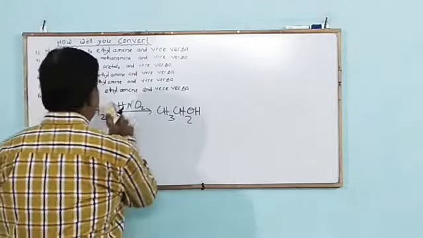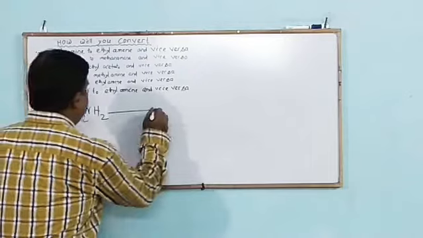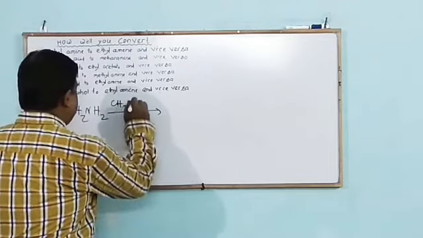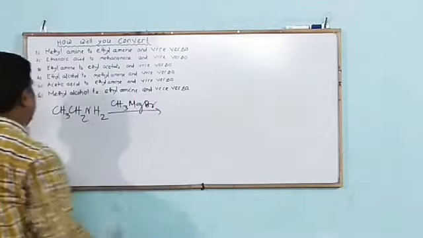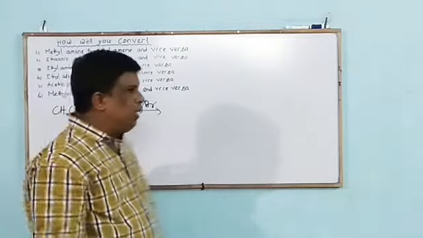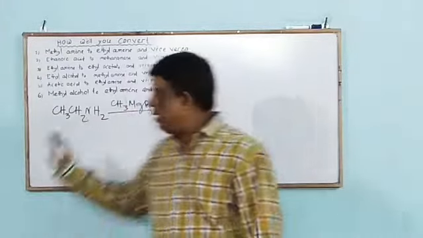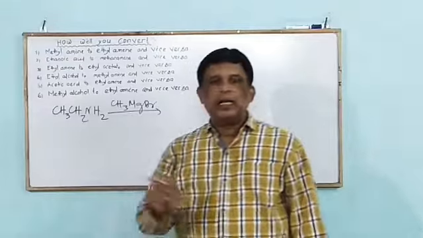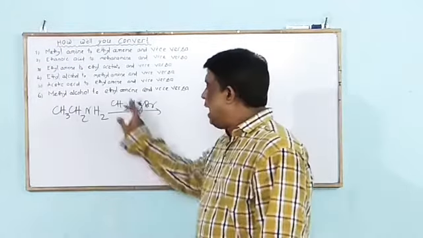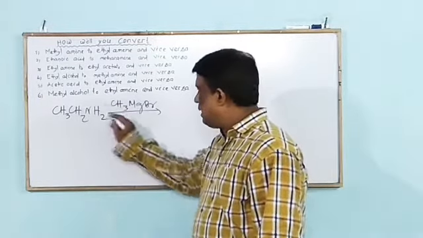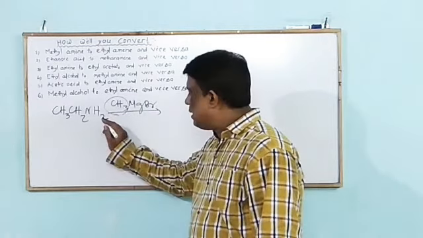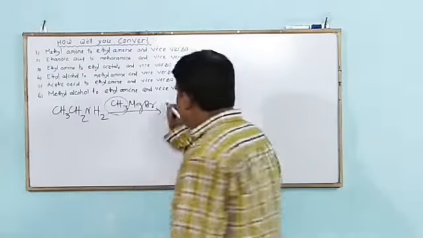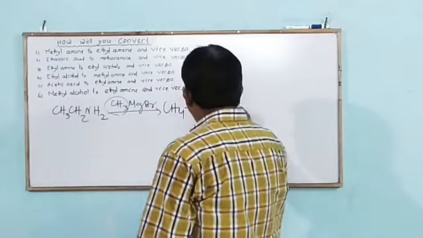Or you may go through a shorter route: ethylamine reacts with the Grignard reagent CH3MgBr. We know that when an amine reacts with the Grignard reagent, an alkane is formed, that is the alkyl part of the Grignard reagent and H form the alkane, CH4.